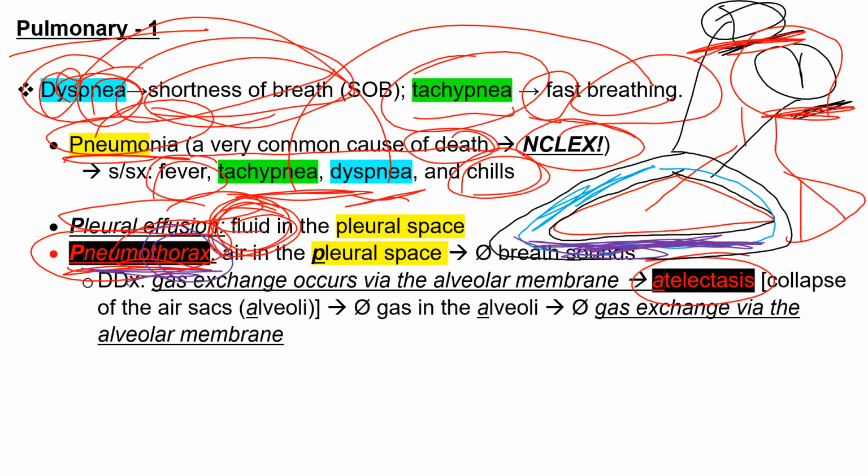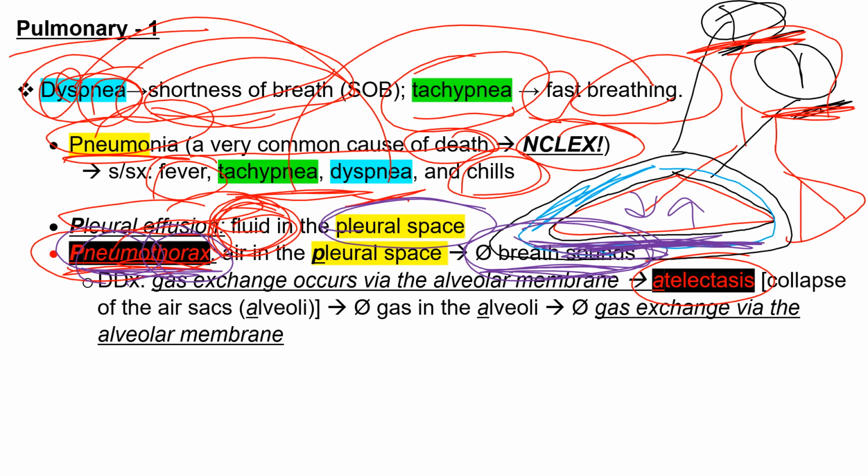Thorax is chest, pneumo is air. So if there is a collection of air in the pleural space, that's when we say the patient has pneumothorax. Obviously, if there is sufficient air, what that air is going to do is drive the lung. The lung is going to collapse, and so you will not hear any breath sounds.